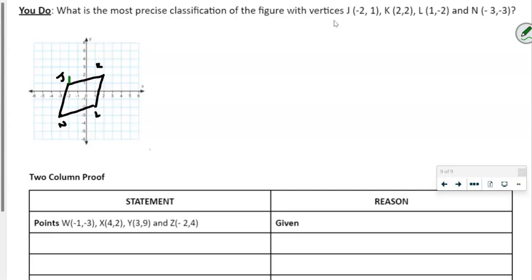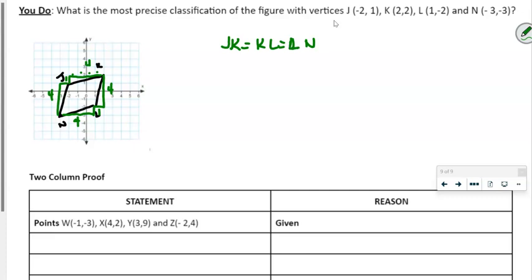So we go 1 up, 1, 2, 3, 4 over. 4 down, 1 over, right? Or in this case, actually 4 up, 1 over again. This one, 1, 2, 3, 4, 1 over, right? This one's 1, 1, 2, 3, 4 again. So what do you notice? So we could say JK is equal to KL is equal to LN.